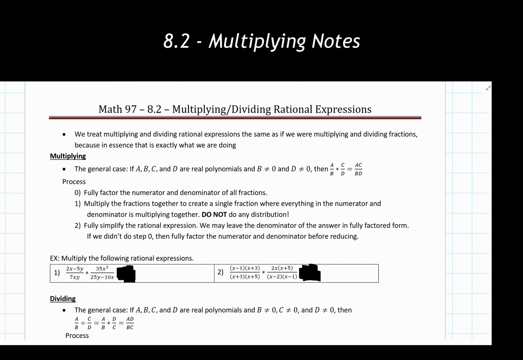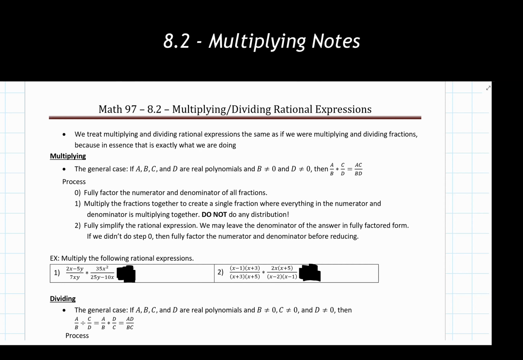And all I'm getting with my result is A times C over B times D. Again, A, B, C, and D are polynomials in this instance, but I'm essentially doing the exact same thing I would if these were just standard fractions like 1/2 and 3/4, or 5/8 and 11/10, something to that effect.